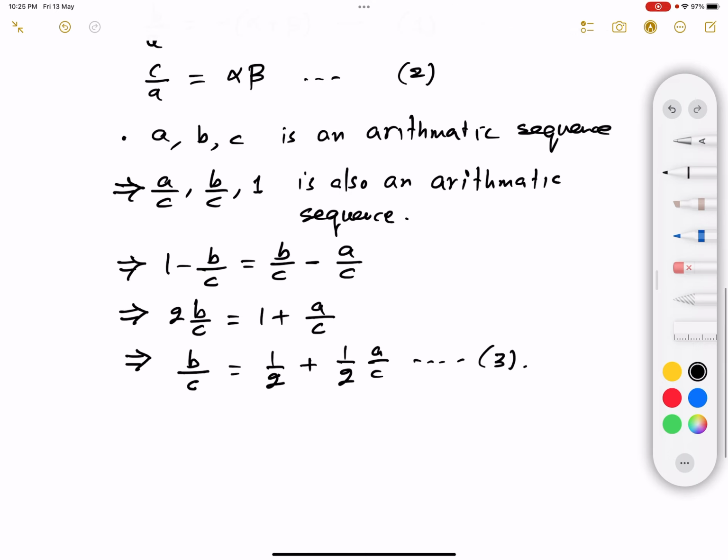Now, we have benefited in this stage from the fact that the coefficients a, b, and c are an arithmetic progression. Now we're going to benefit from the idea that 1 over alpha plus 1 over beta, alpha plus beta, and alpha squared plus beta squared are in geometric progression.